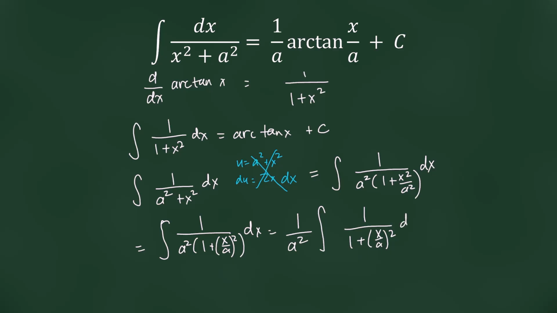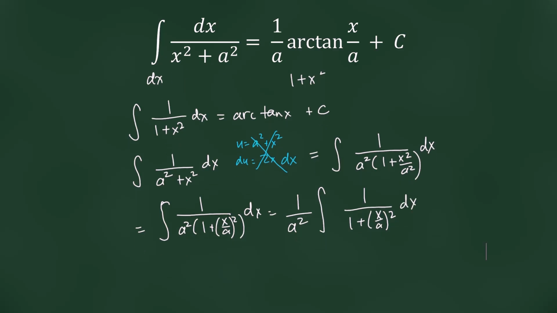Now we can do our u substitution. We can now let u be x over a, so that du becomes 1 over a dx, which then tells us that a times du is equal to dx.